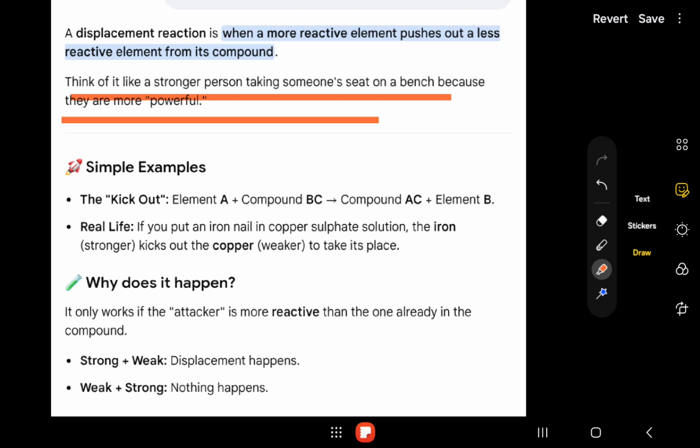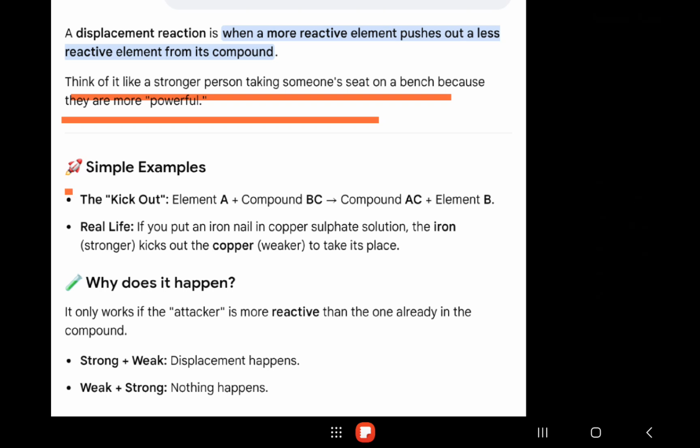Think of it like a stronger person taking someone's seat on a bench because they are more powerful. More reactive element pushes less reactive element from its compound. Okay, now we understood the definition of displacement reaction.